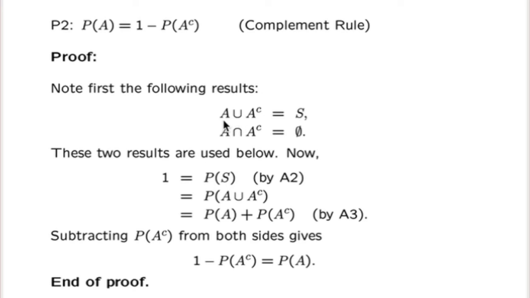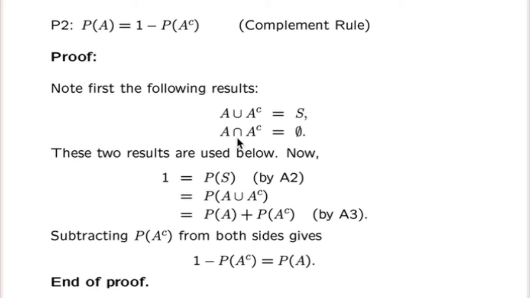The union of the set or event A with the complement of A is going to be equal to the sample space. The outcome of the experiment is either an A or it's not an A. And so the union of those two events is the sample space.